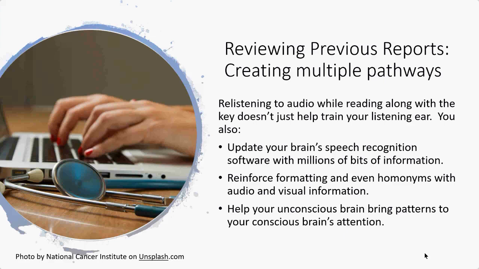So that's going to help your unconscious brain highlight things for your conscious brain to pay attention to when you're proofreading. And that's the way we can really utilize these two systems to their fullest extent.